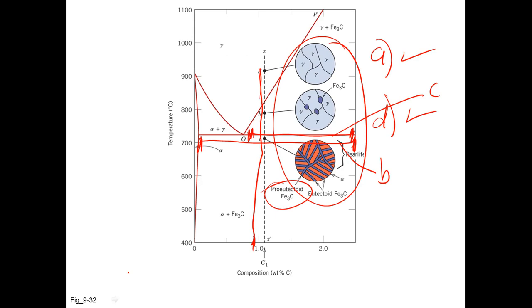We need to recognize here that the austenite that's present as we go through that eutectoid temperature will completely transform to perlite. So if we can calculate the weight fraction of austenite, it should equal the weight fraction of perlite. And to do that, we have to work just above that eutectoid temperature.